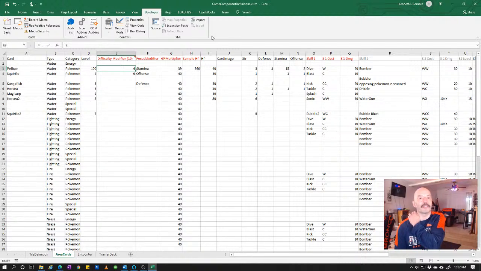We'll have to have some sort of converter for existing TCG Pokemon, because they won't say what their level is, but our formulas here will already know what a valid value is. And so maybe we can say, okay, how many skills do you have? What are their values? Are there damage values?